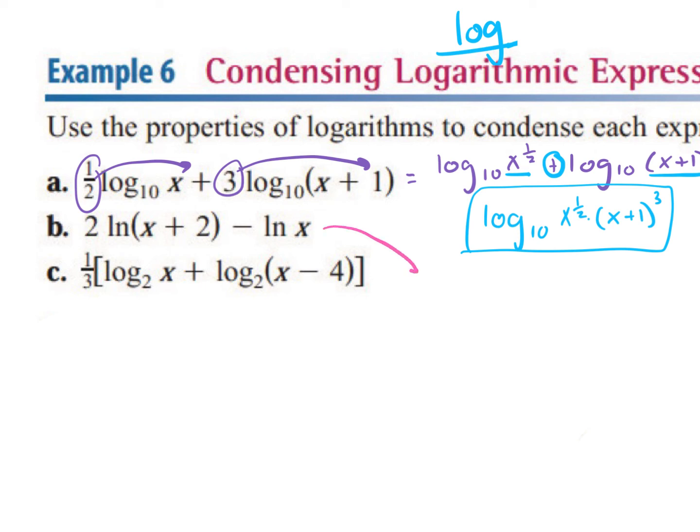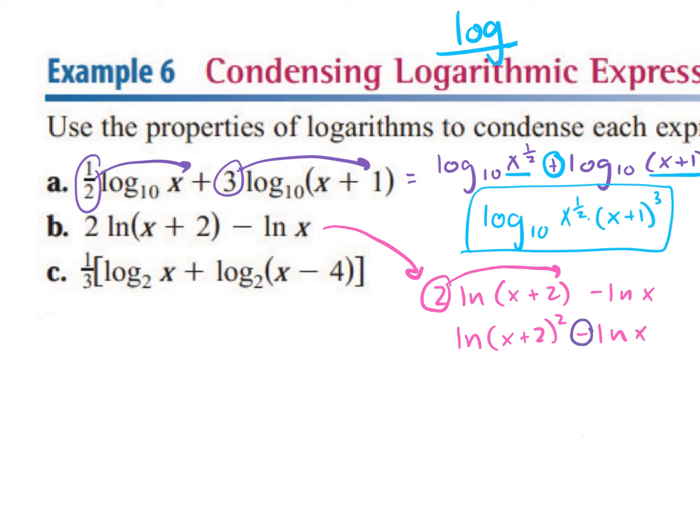All right, now with B, I'm going to write it down here. So anytime I have a coefficient, I want to put that up top and make it an exponent. So this would be the ln of x plus 2 squared minus ln of x.